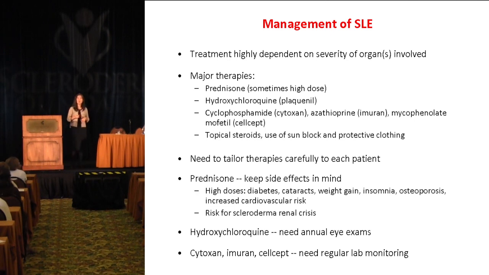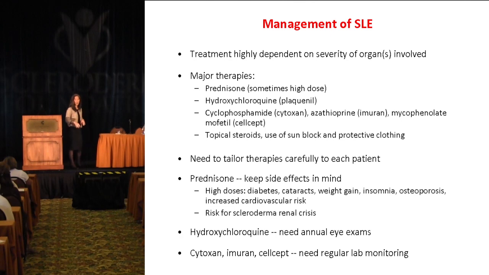So obviously prednisone works great in a pinch, it works fast, it's really helped revolutionize rheumatology treatment, but we all know that it's a double-edged sword, and so too much of a good thing is not that good. So just, again, you guys are all aware, I don't need to educate you about that.